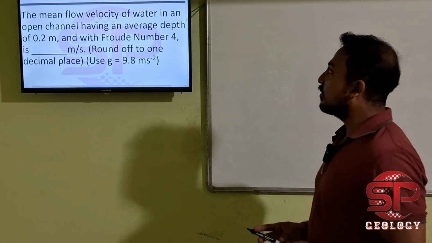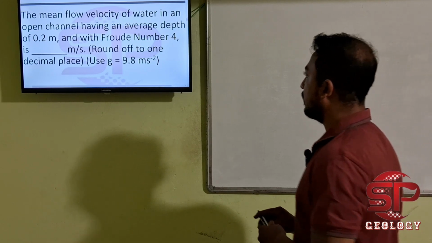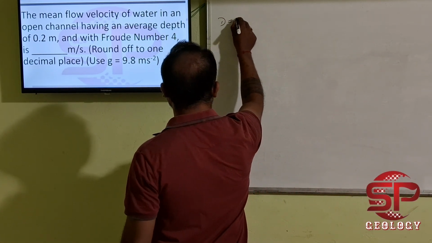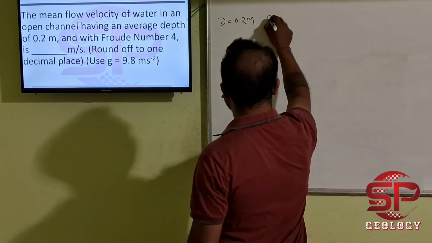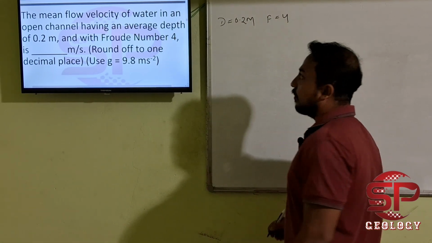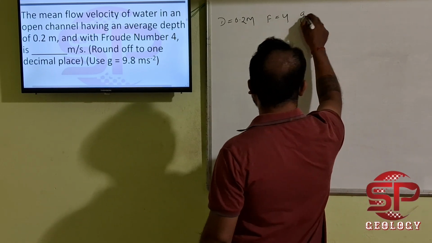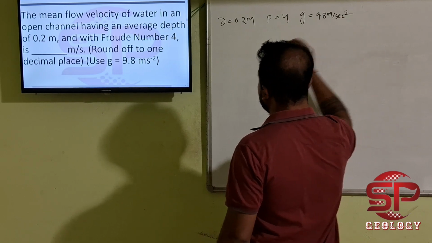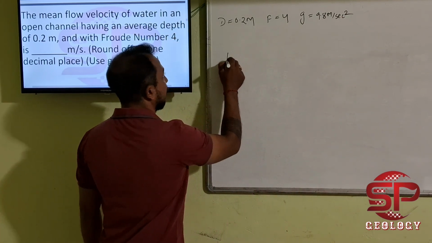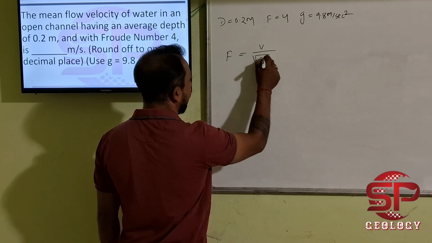So the mean flow velocity of water in an open channel having an average depth, given as 0.2 meter, with Froude number F given as 4. So we have to calculate the velocity. G is given 9.8 meter per second square. The formula of Froude number F equals V by root over of GD.